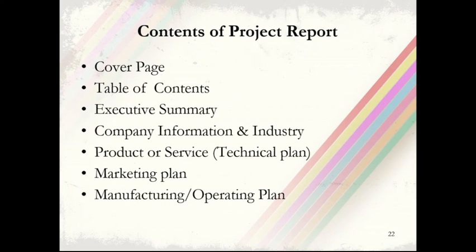Cover page. The cover page of the project report should contain the title of the project on the top and the name and address, including phone number, website address, email ID, so that the reader of the report, like an investor, may easily contact you when required. Next, table of contents. The table of contents is compiled after the main body of the project report is finalized.